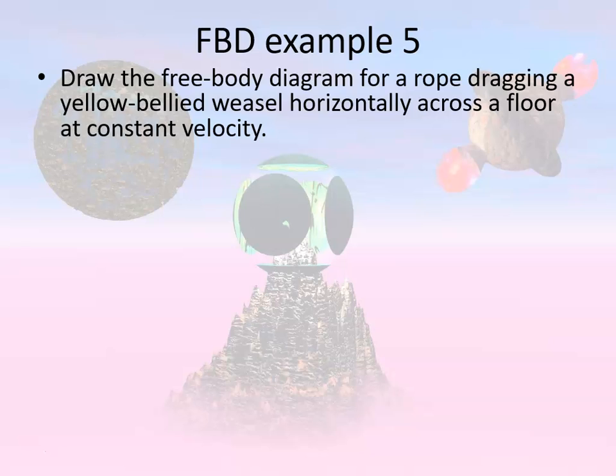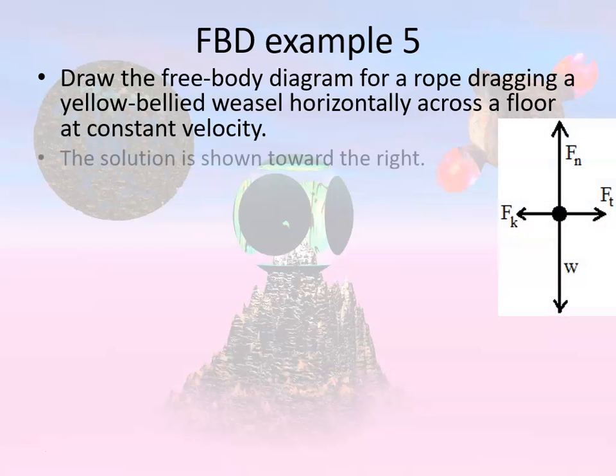How about for a rope dragging a yellow-bellied weasel horizontally across the floor at constant velocity? Well, let's pretend the weasel is going toward the right, then we have a normal force up, and again I often label the normal force just lowercase n instead of F sub n. And the tension force is going toward the right, and the kinetic friction force is going toward the left.